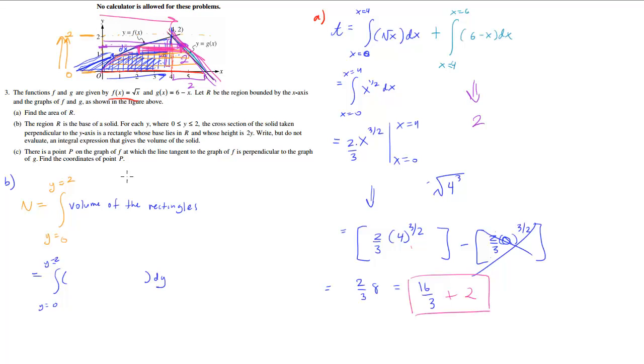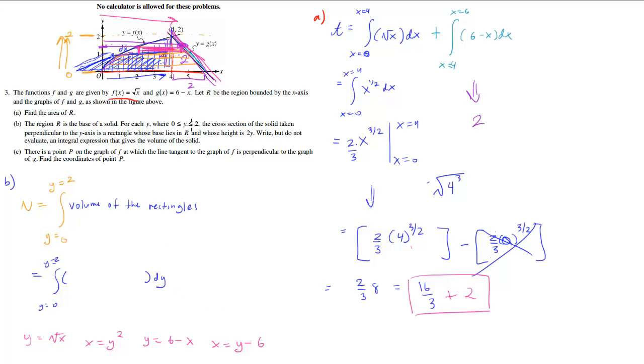We need these functions in terms of y though, and so for this first one, y equals the square root of x, and so x equals y squared, just invert. And for this other one here, y equals 6 minus x, which also means that x equals y minus 6.